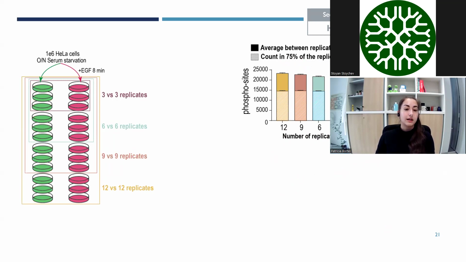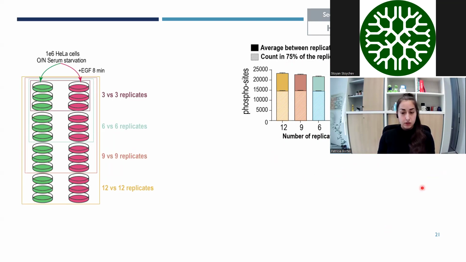But when you apply a quantification threshold of 75% valid values, as is very often used in typical proteomics experiments, you can see that the depth of the phosphoproteome was similar independently of the replicates used in the search.